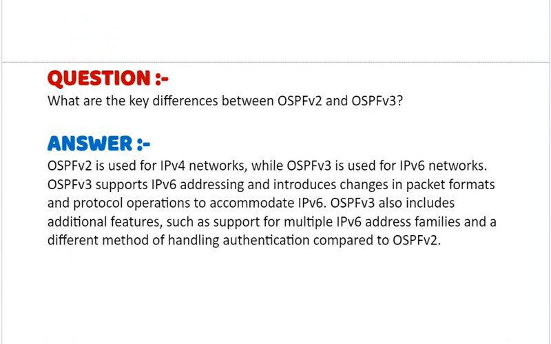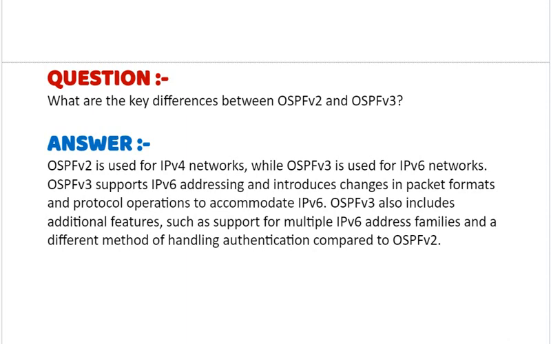Our next interview question is: what are the key differences between OSPFv2 and OSPFv3? Your answer should be: OSPFv2 is used for IPv4 networks, while OSPFv3 is used for IPv6 networks.